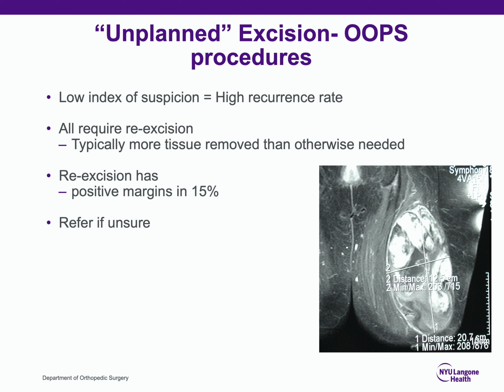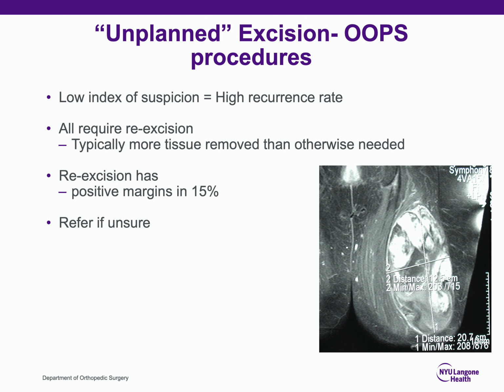So basically, if there is an unplanned excision of what turns out to be a soft tissue sarcoma, the recommendation is to re-excise that for the same reason we talked about on the last slide, to remove any micrometastatic disease that's in the tissue. Usually you have to remove more tissue than if you knew it was malignant. That's why a high index of suspicion is important if you're evaluating lumps and bumps. Even re-excisions can have positive margins.